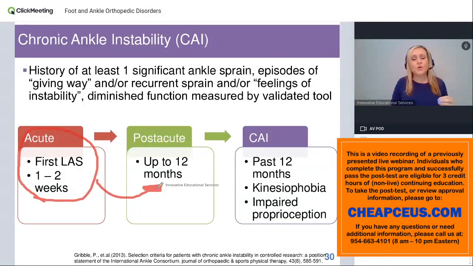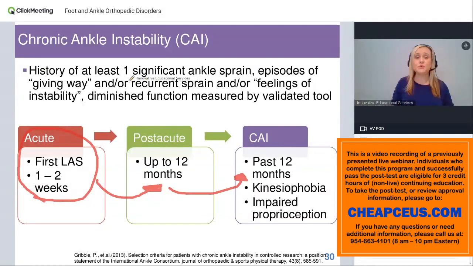We do have a cohort of individuals who actually go on past that 12-month period and they continue to have challenges with their function and with their pain and movement in their ankle. This is actually a global health problem to the point where there has been the development of an international ankle consortium that came up with a specific definition for chronic ankle instability.